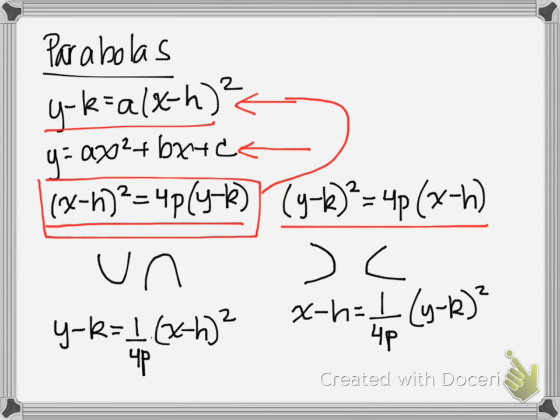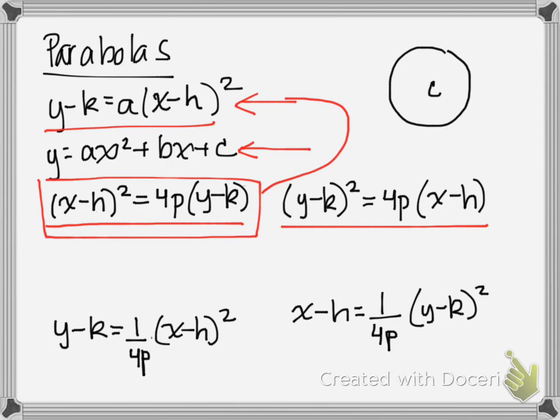Now, let's take one of these and briefly talk about what a parabola is. If you think about what a circle is, that's a set of points, all of which are equidistant from some point, the center. So what is a parabola?